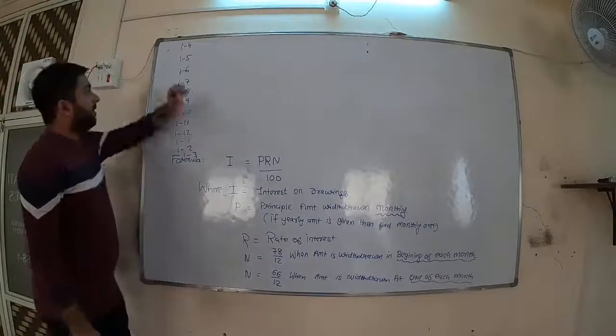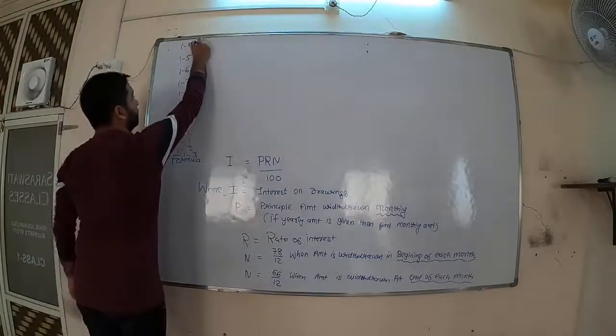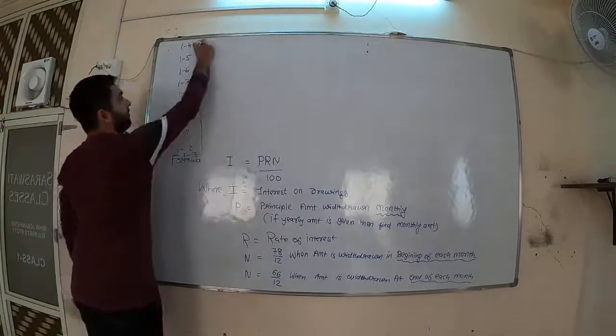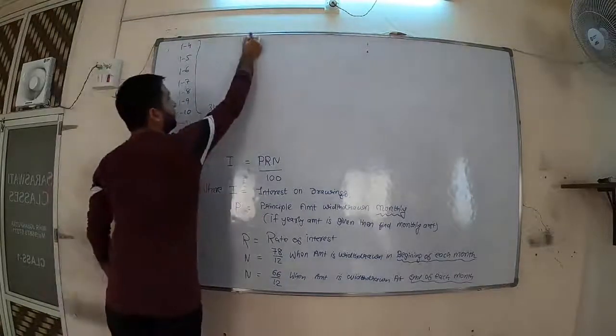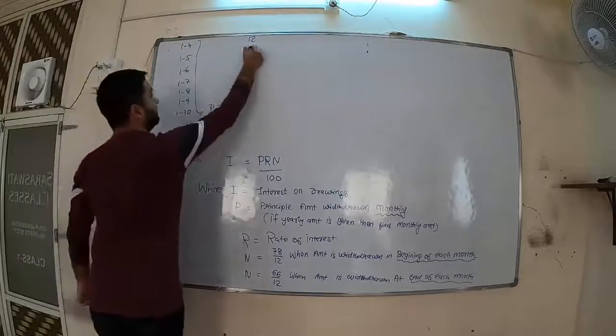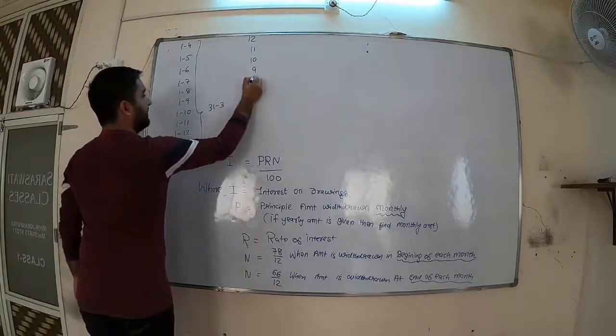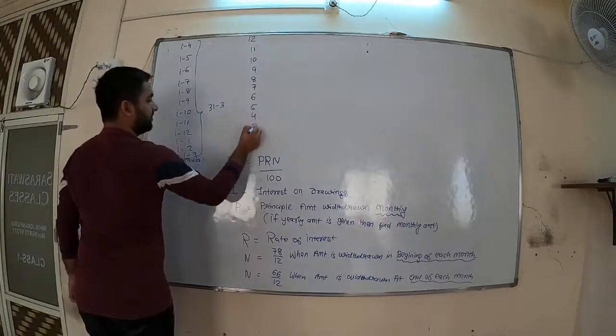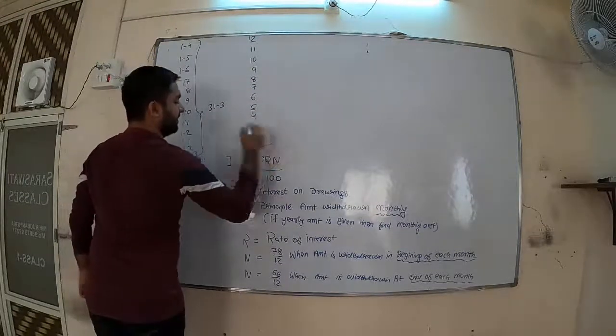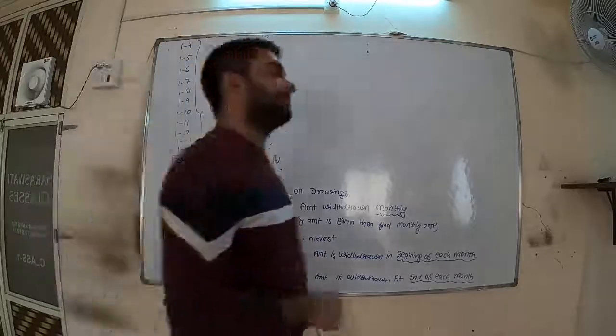From 1/4 to 31/3, exactly we have 12 months. From 1/5 to 31/3, 11, then 10, 9, 8, 7, 6, 5, 4, 3, 2, 1. Now you make the total of this.